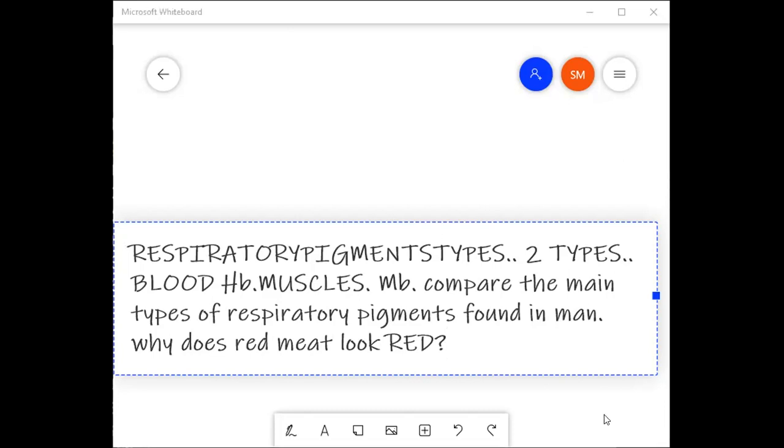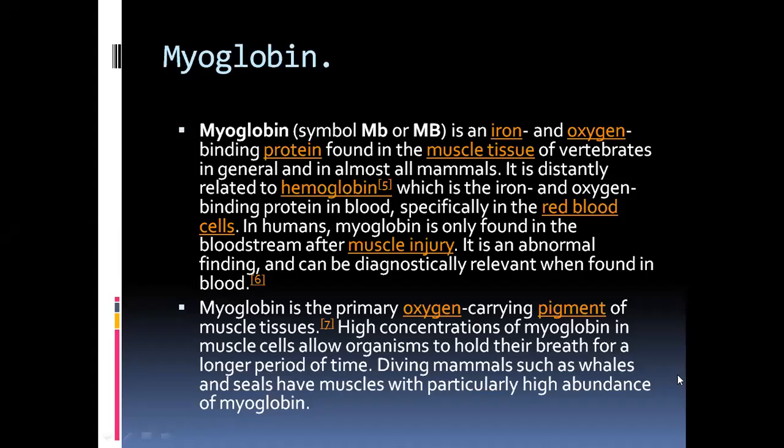Myoglobin. We are going to study myoglobin. Myoglobin is an iron and oxygen binding protein. Remember, myoglobin is a protein. Hemoglobin is a protein. Both of them are proteins.